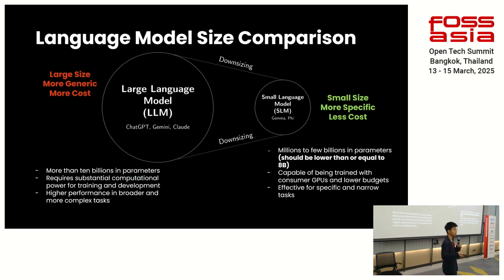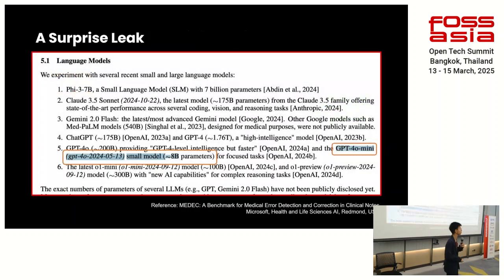Some would be more specific, some would be general, but it should be lower than or equal to 8 billion parameters. But surprisingly, I got from a paper that GPT-4 mini is around 8 billion parameters.